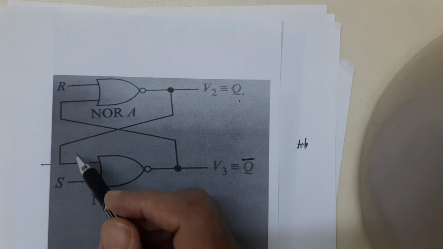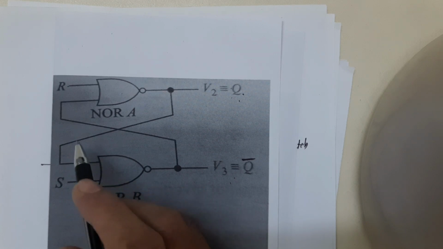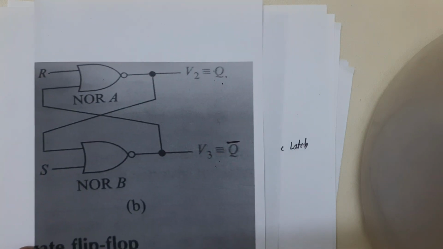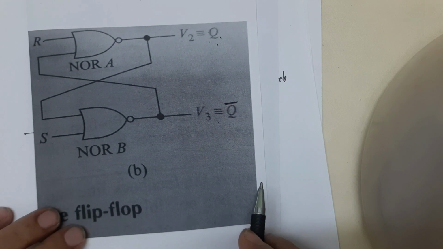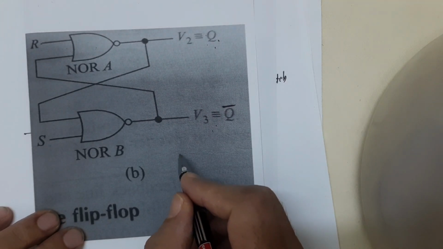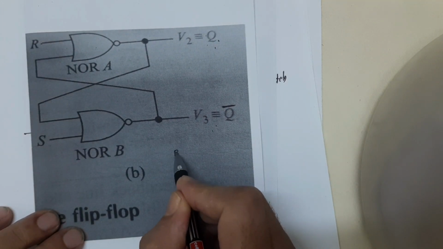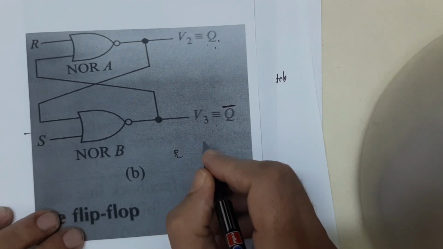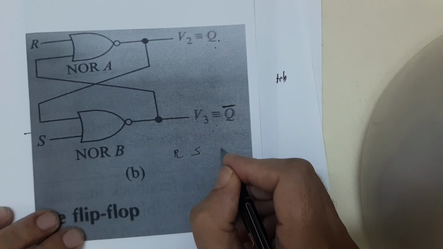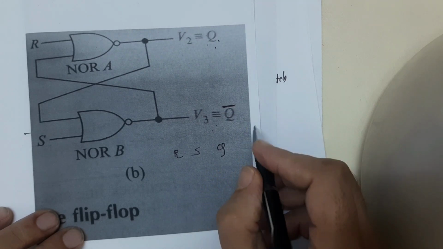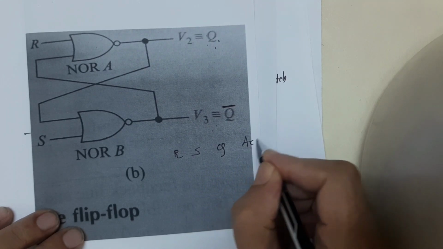The input output possibilities for this RS flip-flop are summarized in the truth table. This is your truth table: R, S, Q and action.